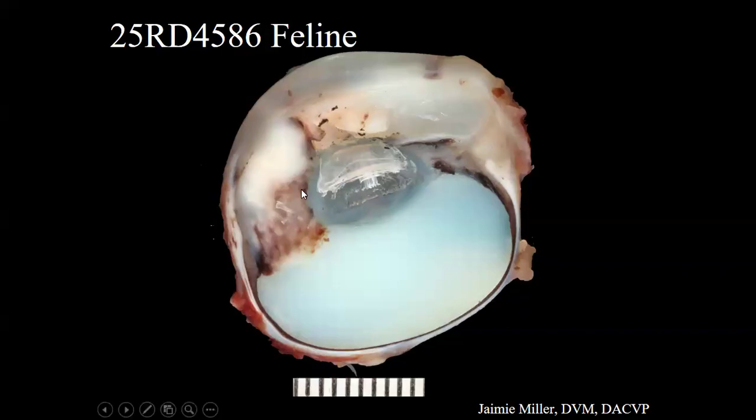And then on hemisection here, we can see our iris and ciliary body on this side. It's got this white tissue appearance here. There's this cloudy gel in the anterior chamber that's bulging out here, pushing the sclera. And then it's also completely taking over the vitreous as well. So a solid opaque gel, which made it very hard to see the retina and the optic nerve in this case.